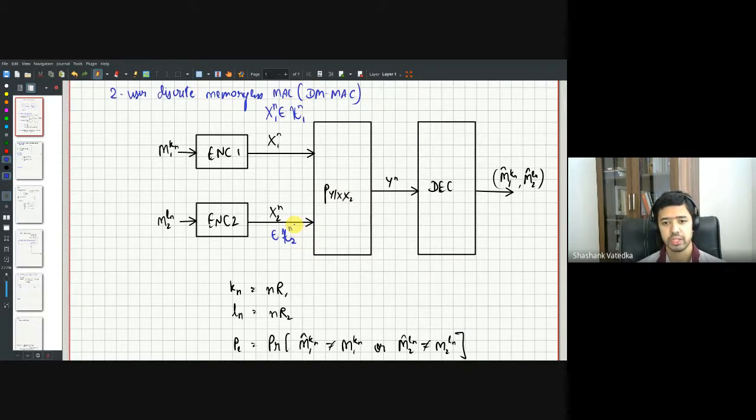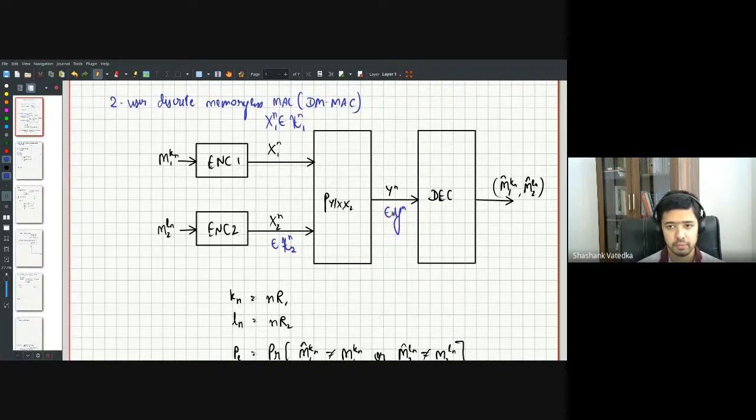The inputs to the channel are x1^n and x2^n, and given x1^n and x2^n, the channel outputs some random vector y^n, where y^n comes from some alphabet script Y, right? And so the channel is essentially a random map which takes as inputs x1^n and x2^n and outputs a random y^n.